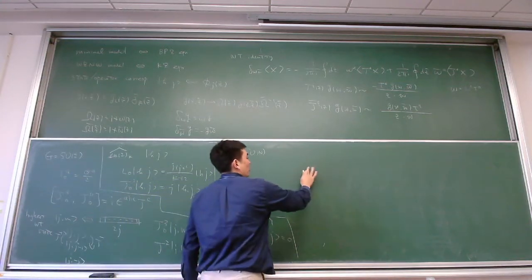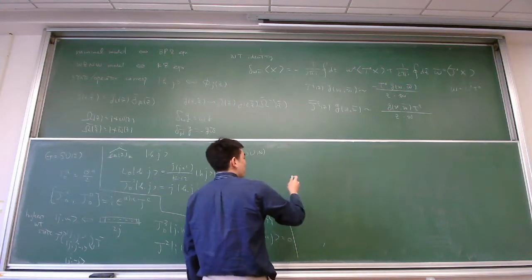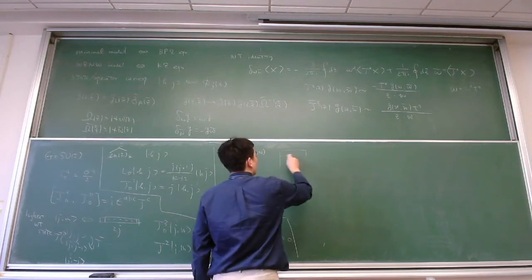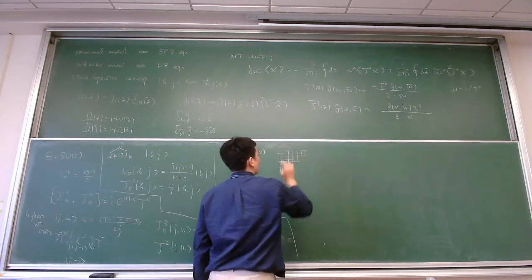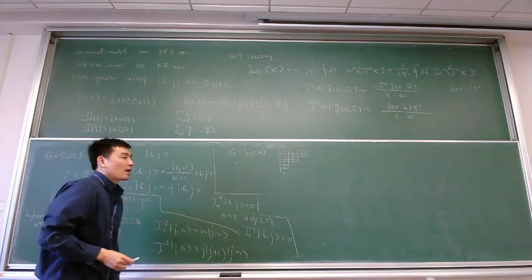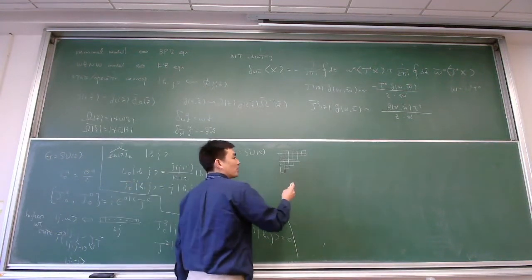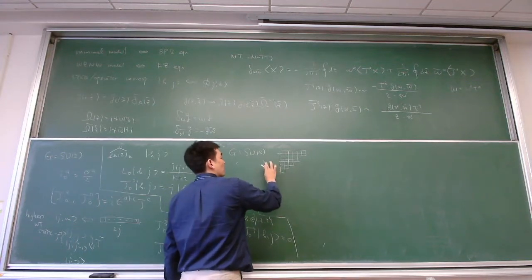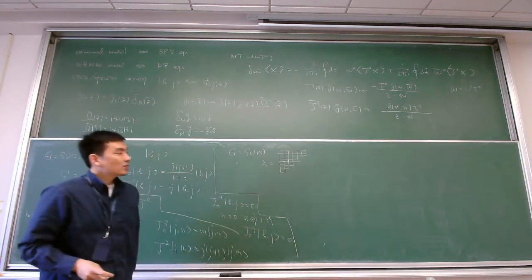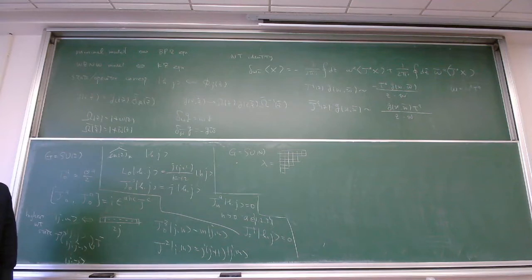Then the corresponding representation can be classified by a Young tableau, up to the order of representation, often called lambda. It's called the weight of the representation.